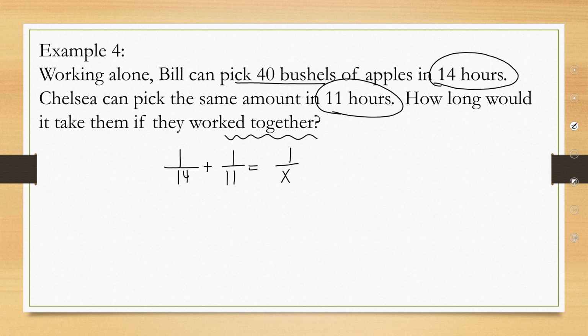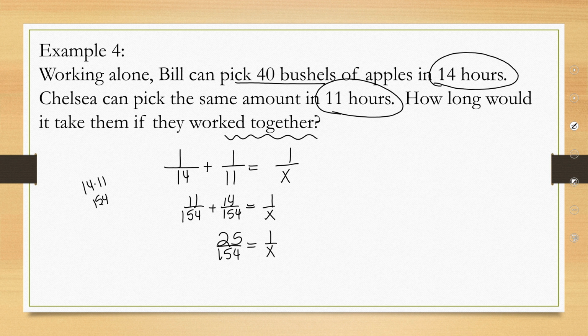You can get a common denominator between the two, which is actually 14 times 11, or 154. And that would give me 11 over 154 plus 14 over 154 equals 1 over x. There's no reason to get a common denominator there, because I'm just going to add these two fractions to get 25 over 154 equaling 1 over x.